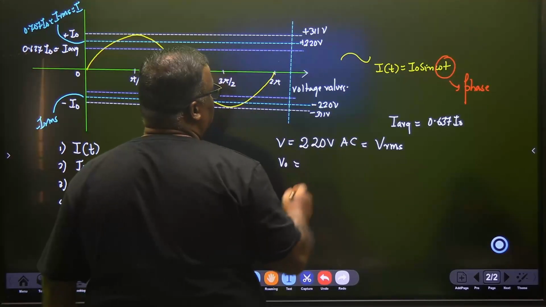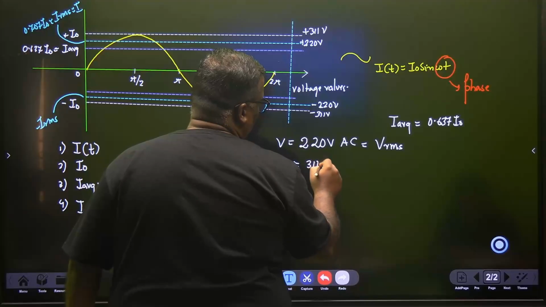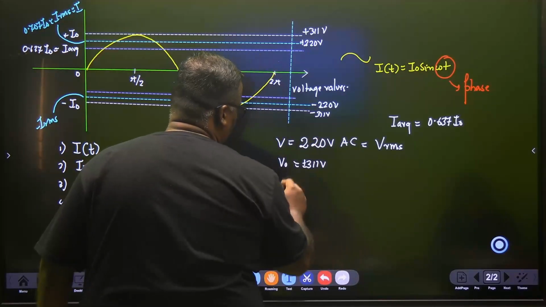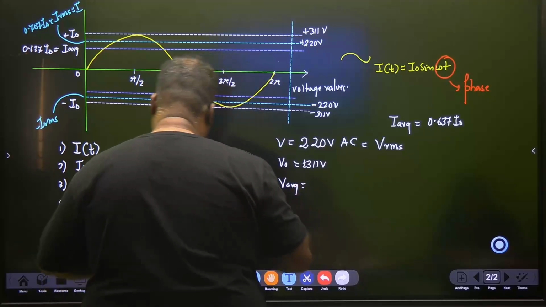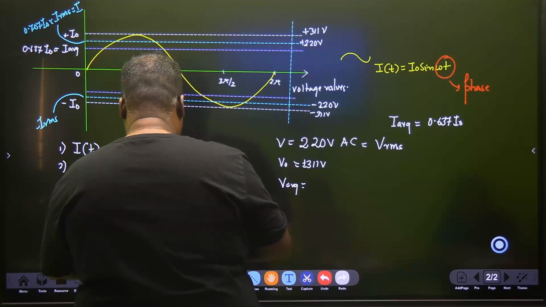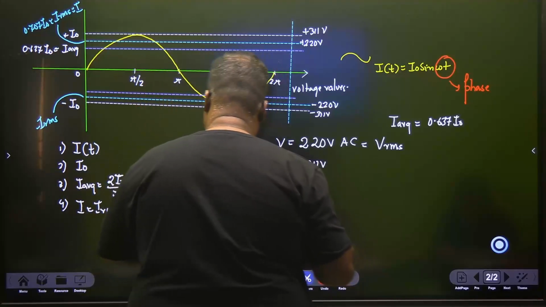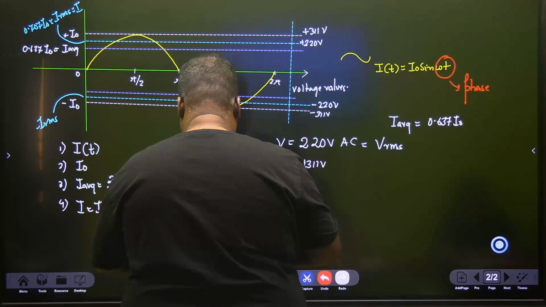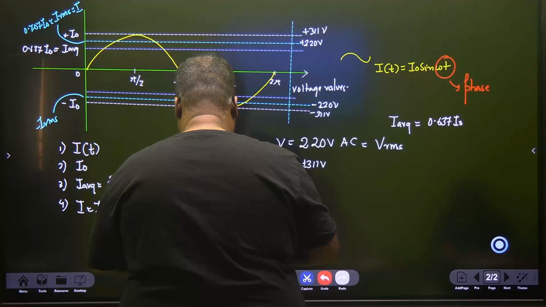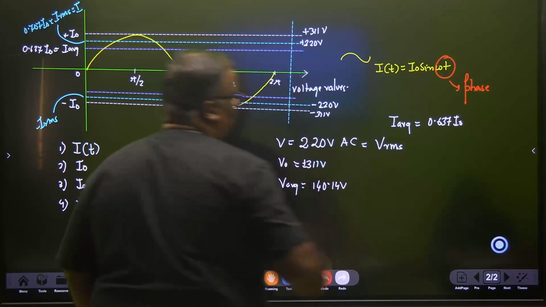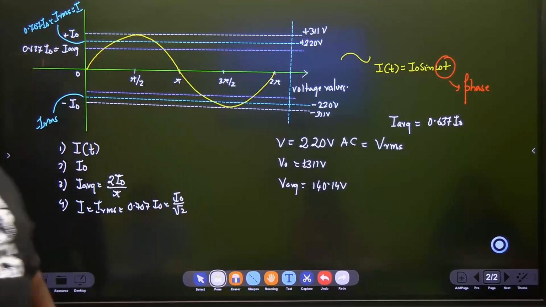V RMS is this much, and if you want to find V average, it is 0.637 multiplied by 220. So the average is 140.14 volt.